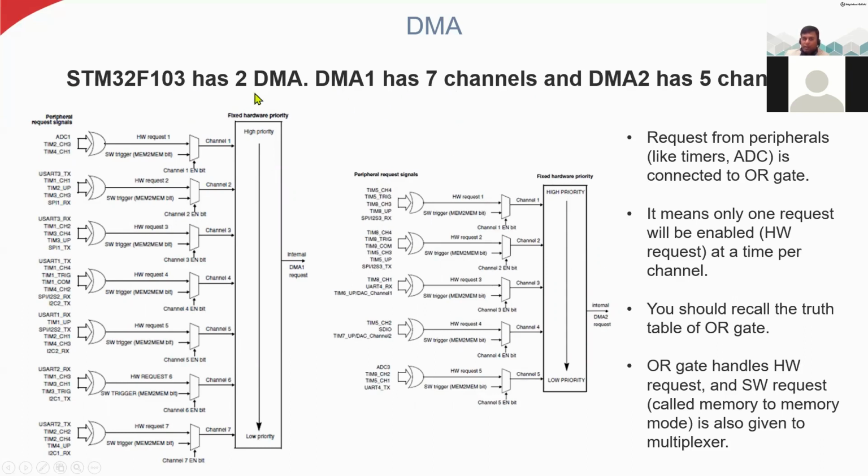For example, if you are using L476, let's say you are not using this one, maybe in the project you are using L476. So in the L476, you have to know how many DMAs there are and how many channels each DMA has. You just go to the data sheet. I think we have already opened the data sheet today.